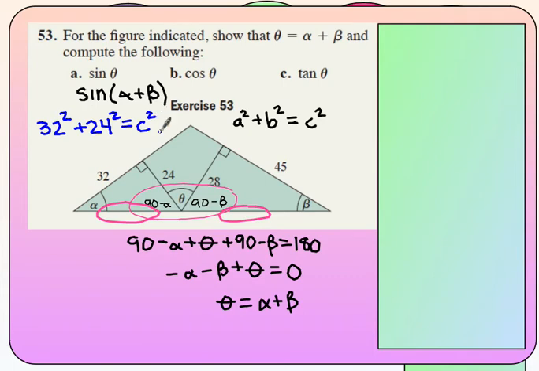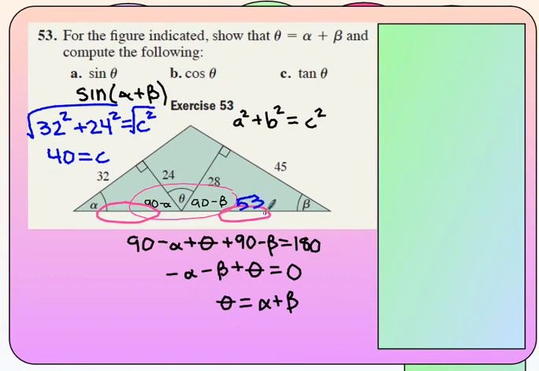Okay, and so when I do the math on this, we will see that I want to take the square root of both sides essentially. Okay, type that into our calculator. This will actually spit out that our value for c is 40. Okay. We're going to do the same thing over here, but now I'm going to do 45 squared plus 28 squared equals our c squared. We'll take the square root of both sides, and we'll see that this value is 53 over here. Okay, so I know that side length is 53.